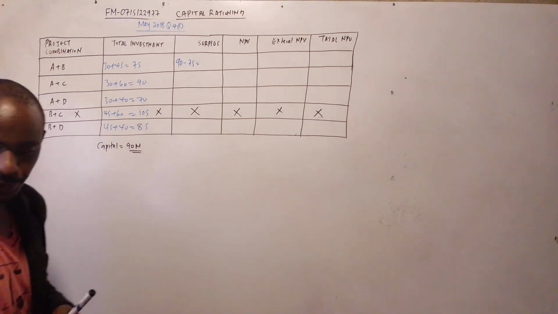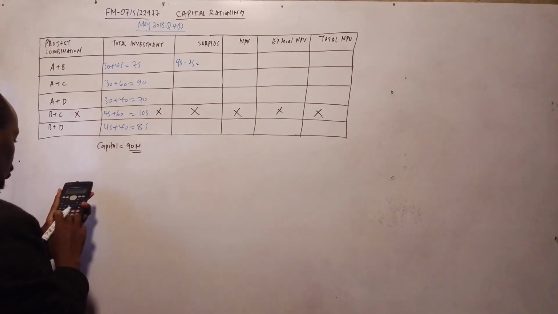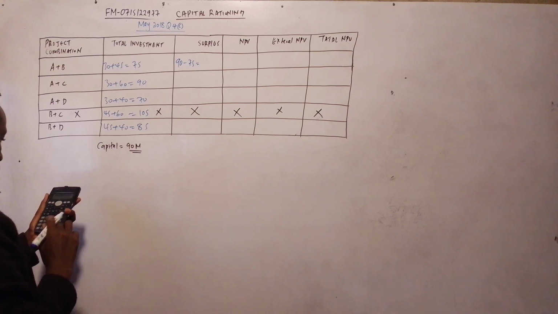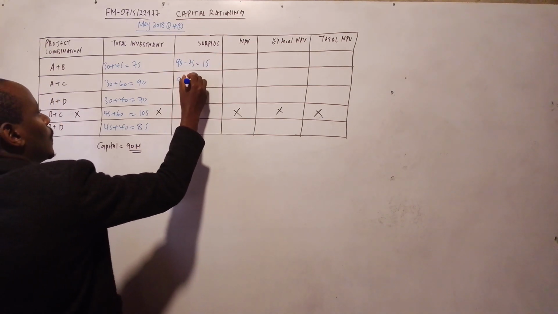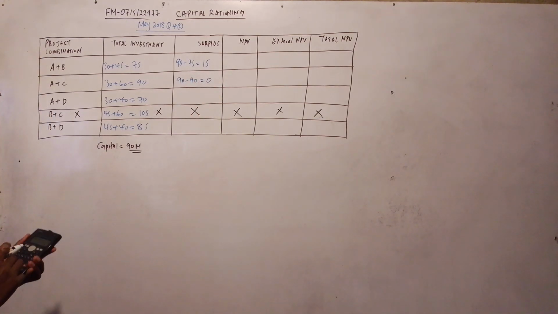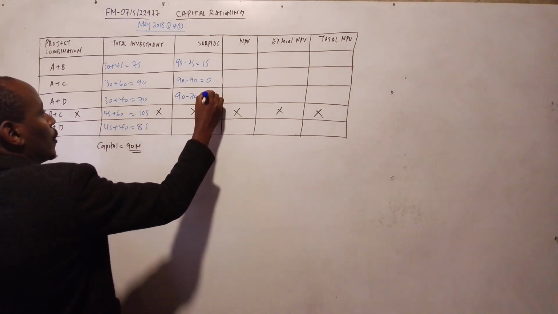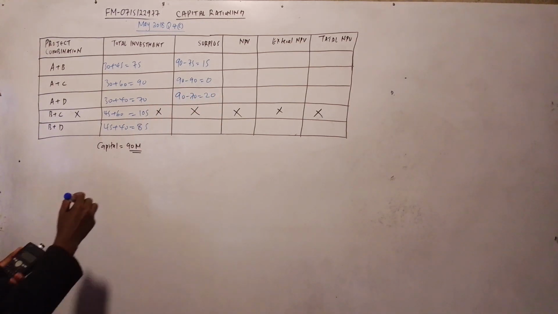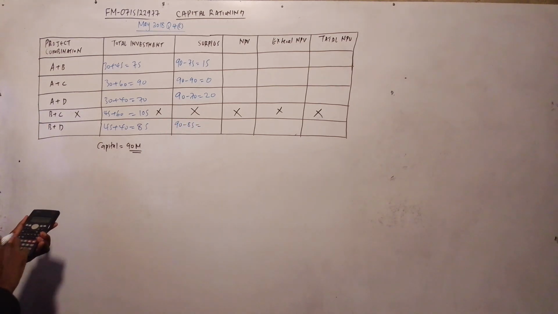So capital investment minus hiyo, tutabaki na ngapi tukiinvest hiyo? Tabaki na 15. Tukichukua na ya pili, the surplus will be 0. Tukienda kuna ya tatu, itakuwa ni 20. Then tukienda na ine, 90 minus 85. So tutakuwa na hiyo surplus.